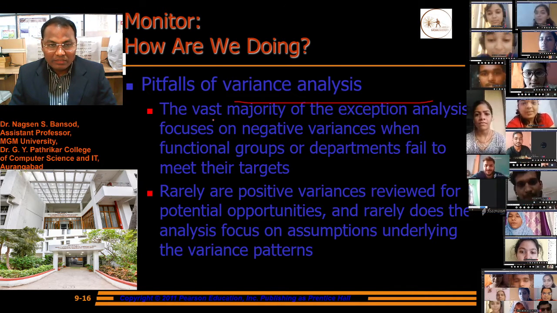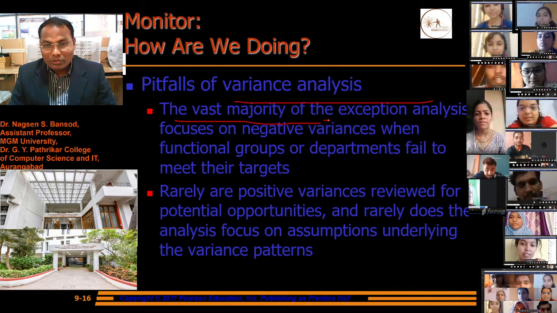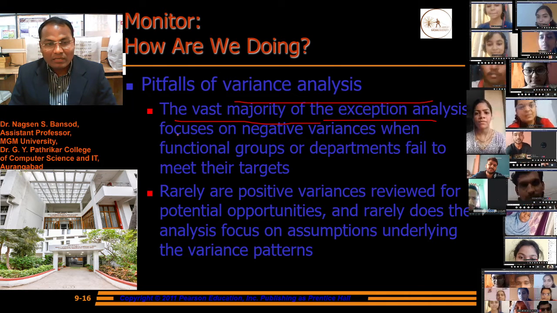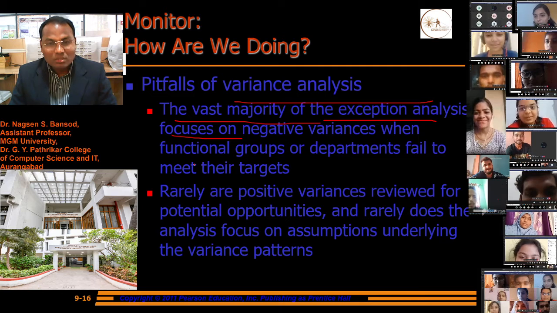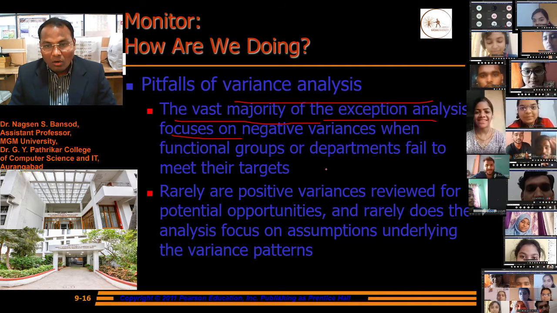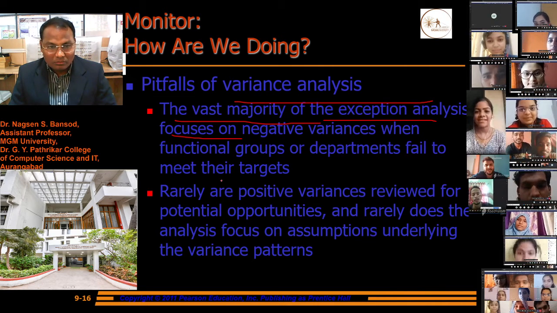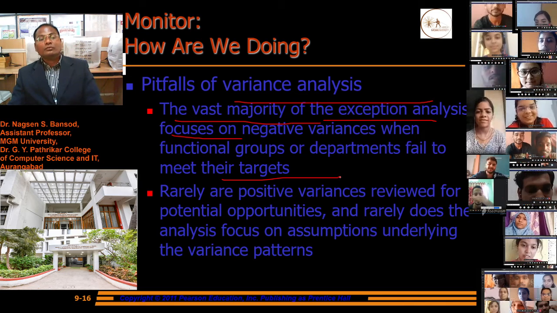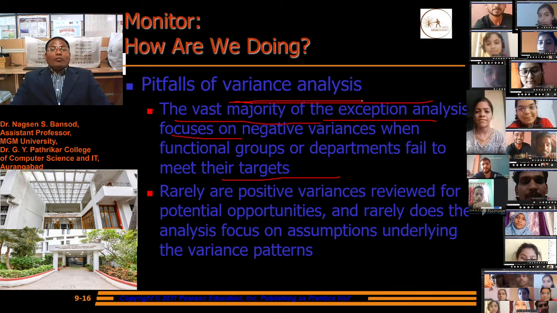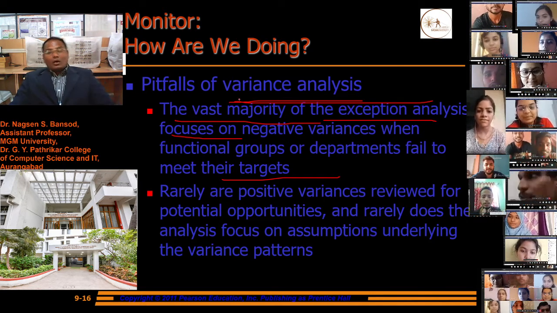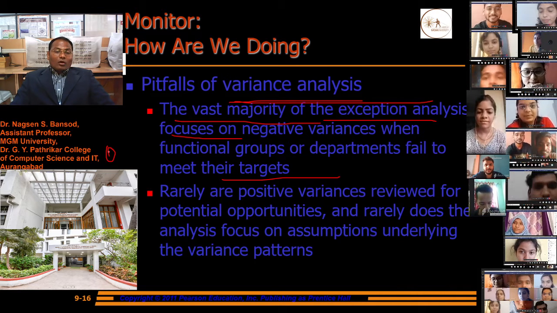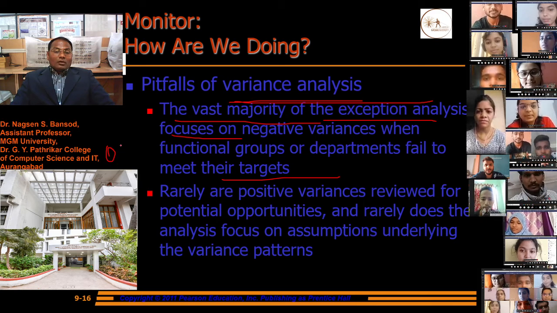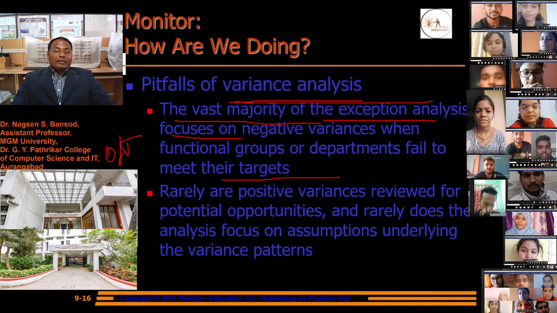Then we will use variance analysis. How much variance is there between the objective or target and the output?